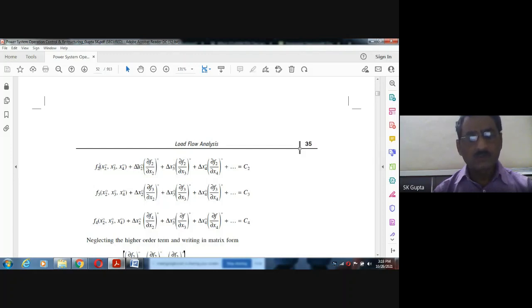In the Taylor series, only this term was there, del f del x equal to df by dx. Only x was there, but here in place of x there are x2, x3, x4. So f will be differentiated with partial differentiation with respect to x2, x3, and x4. Then the second order term will be neglected. Otherwise, it would be delta x divided by factorial 2 and squared.